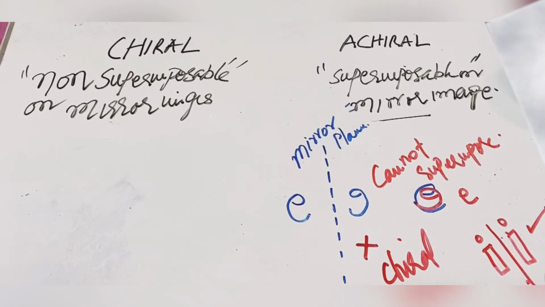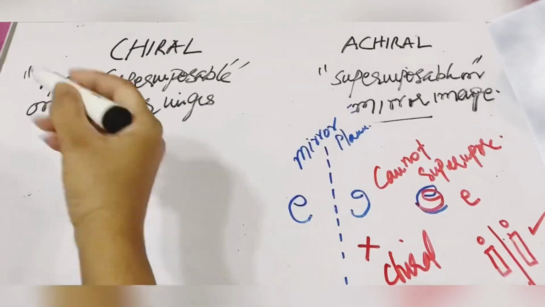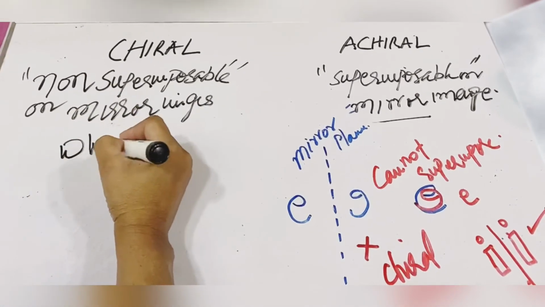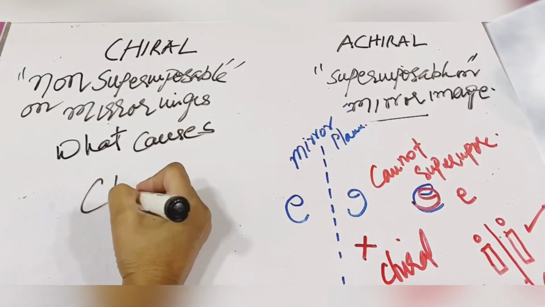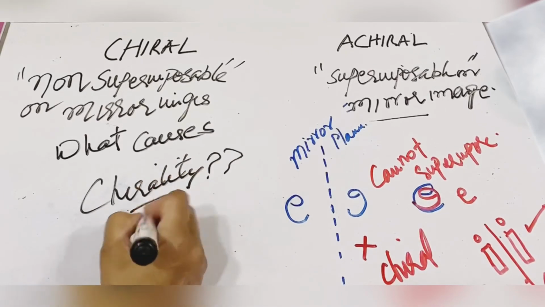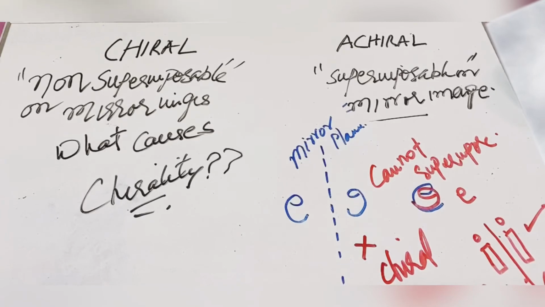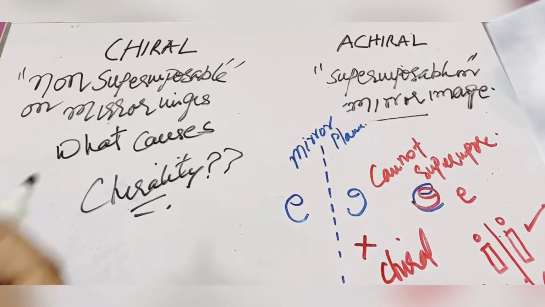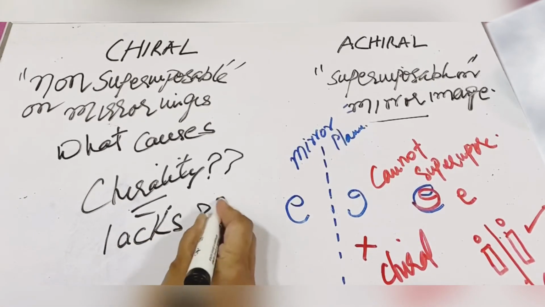Now there is a question: what causes chirality? This is a new topic which I'm going to discuss in my next video, and I will tell you that of course it lacks something. And what is that?